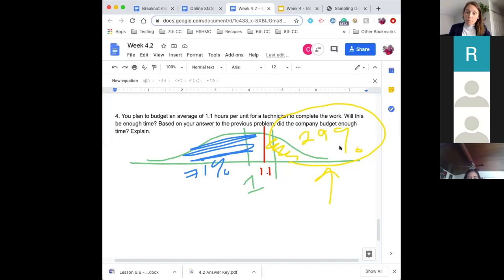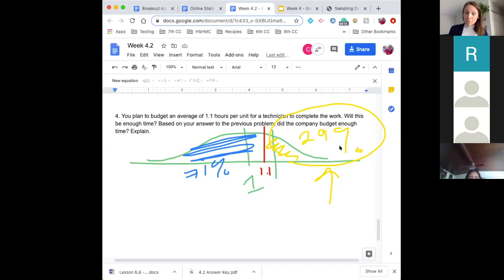Yes, it will, because they're going over the limit. 30% is a really big percentage. Remember when we talked about significance, we were saying less than 5%. 30% is a lot. Out of 100 people, 30 people are going to go over your time, which is going to put you over budget.